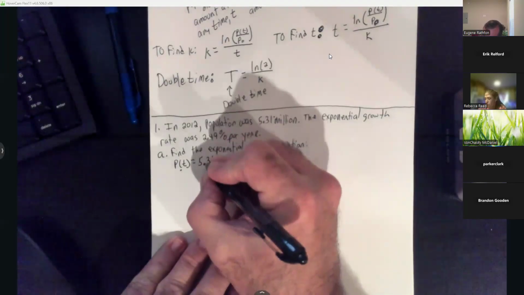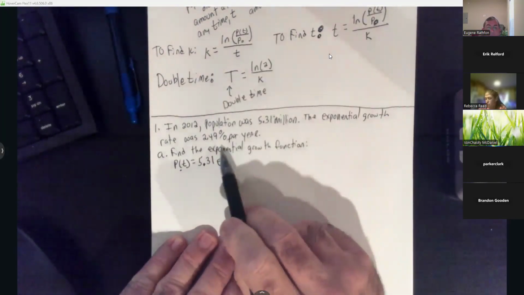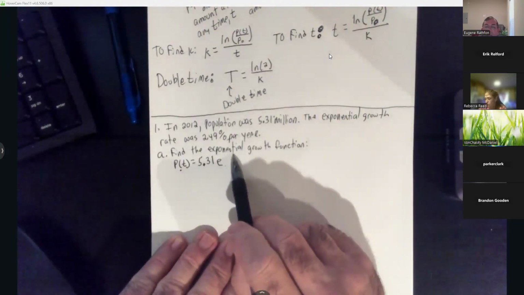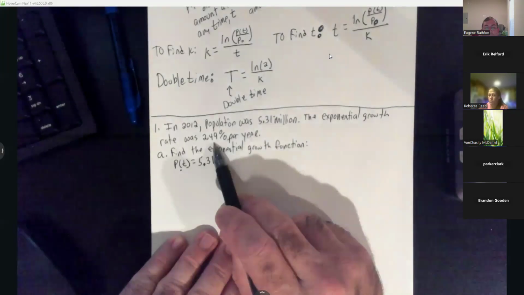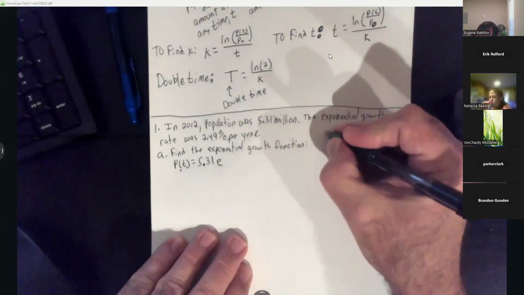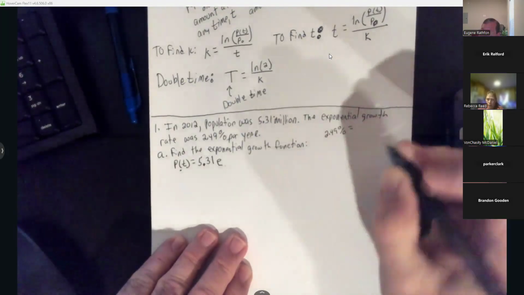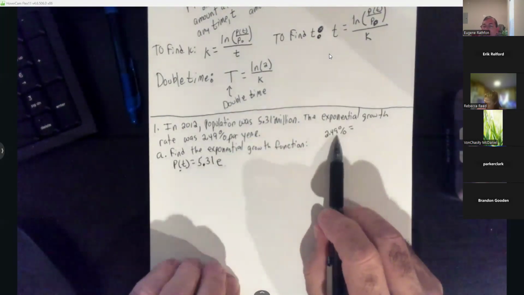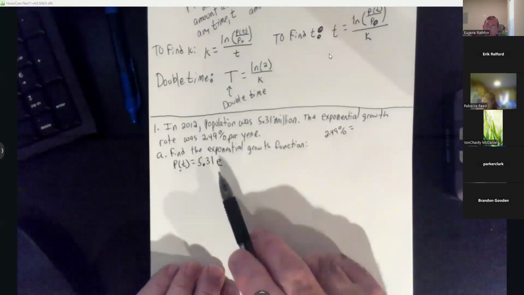All right, so there's our P of O, and then we got our E. Now we need the exponent, which was K times T. So K is 2.49%. But y'all remember, we got to convert our percent into a decimal to put it into our formula.